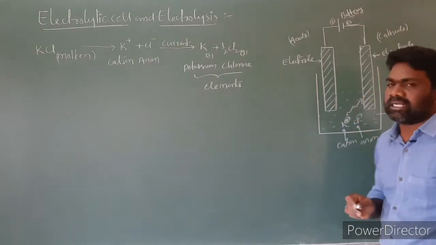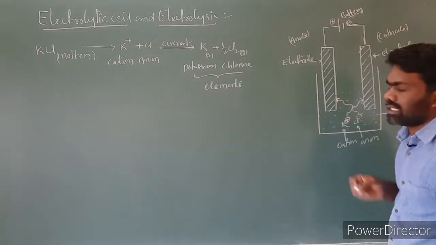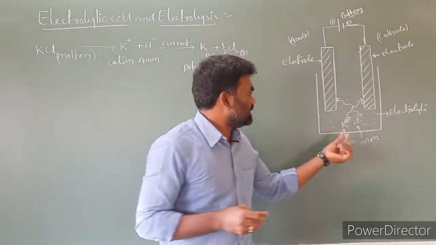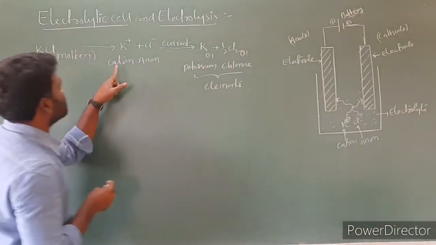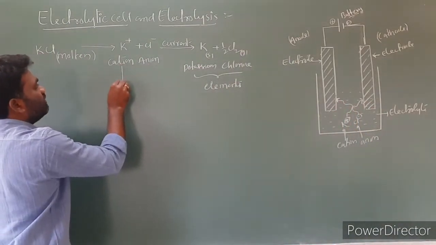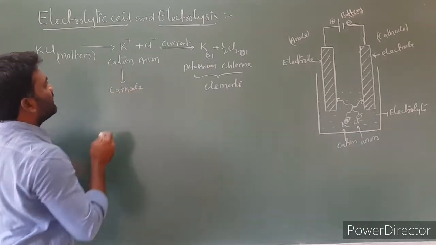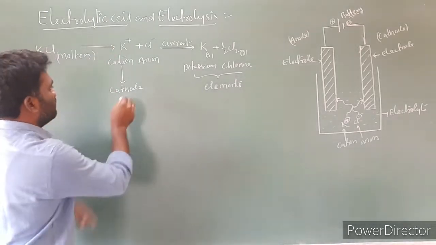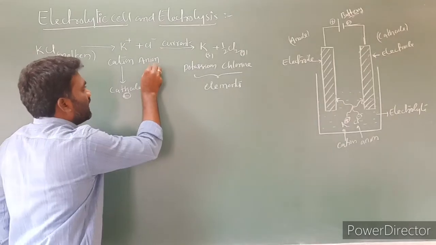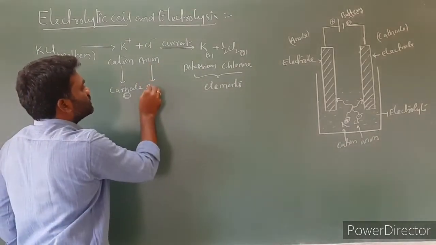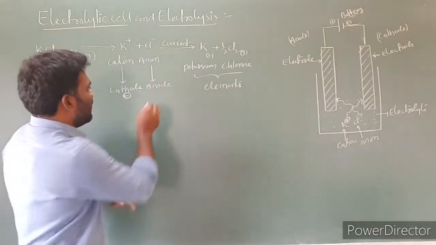Very, very important point: cations migrate towards the cathode, anions migrate towards the anode. Because cations have a positive charge, they migrate to the cathode, which has a negative charge. And anions migrate towards the anode. Anion is negative charge, anode is positive.